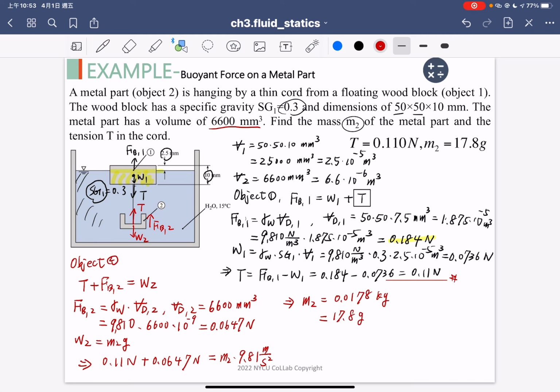Okay, so this is our final answer for how large the object 2 mass is.